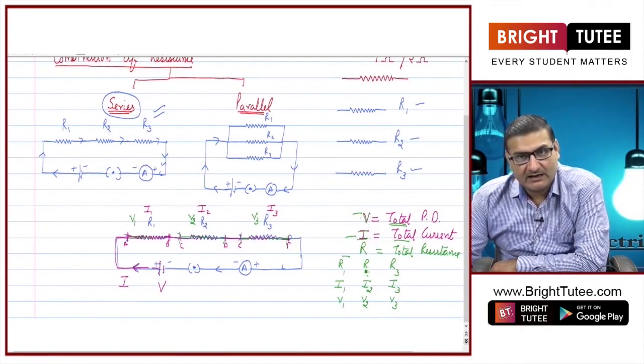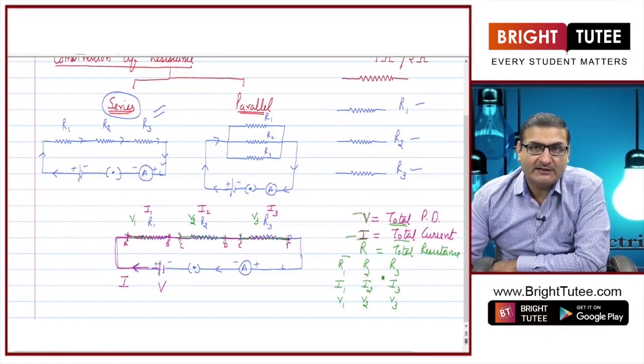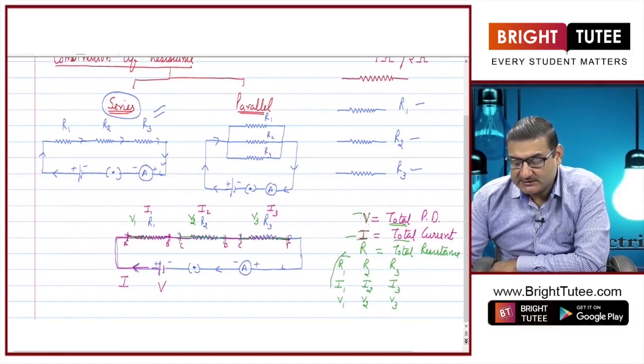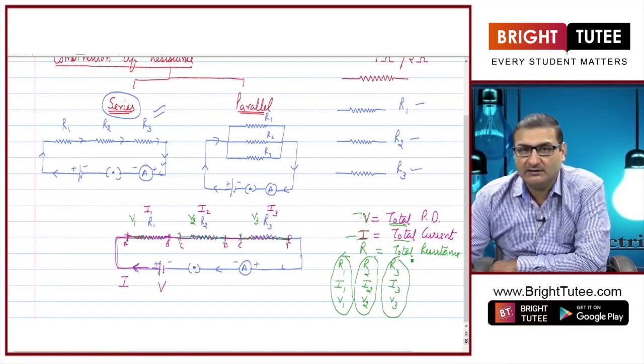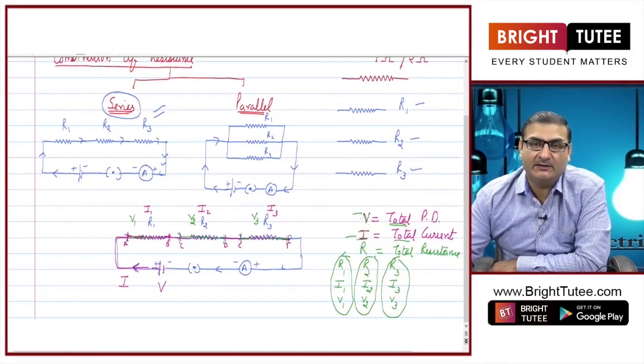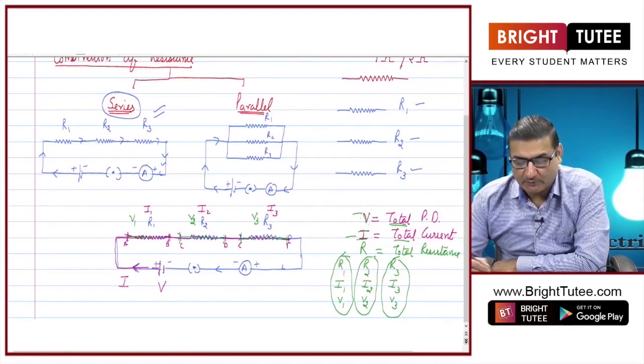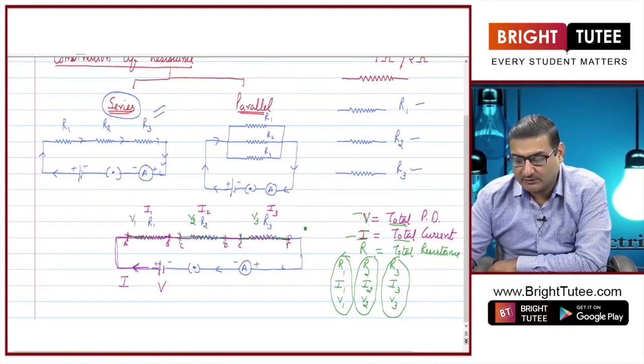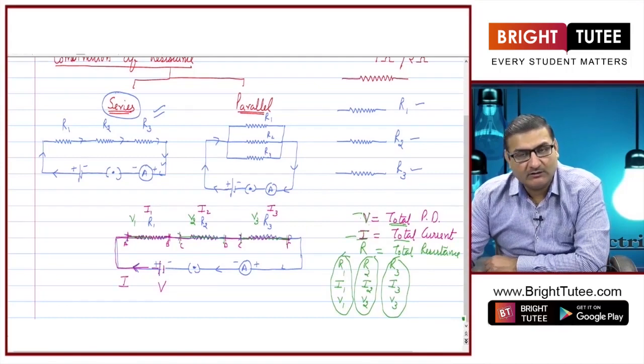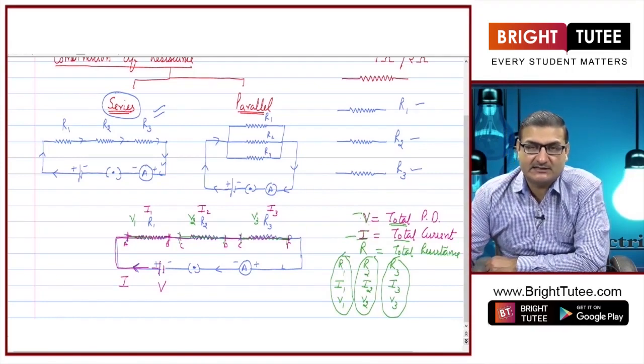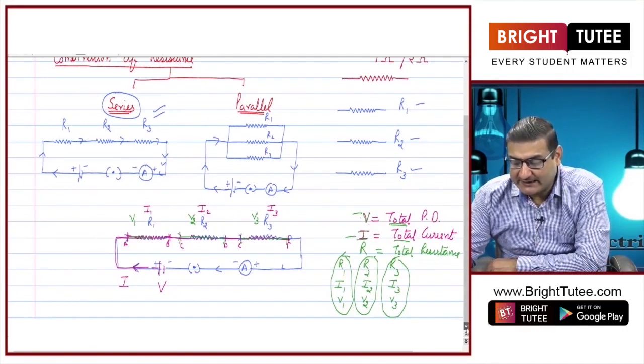Then R1, R2, R3, I1, I2, I3, V1, V2, V3 are the resistance, current and potential difference of the first resistance, of the second resistance and of the third resistance separately and individually. Got it? Fine. So, I hope you have understood this concept of the total and the individual potential differences, currents and resistances. Fine. Now, let us take an activity.